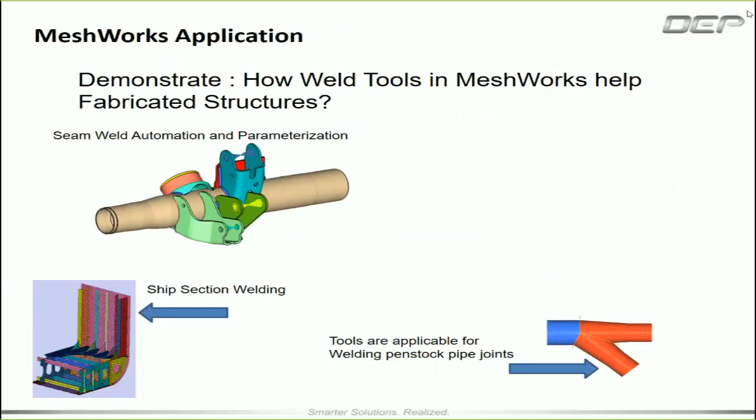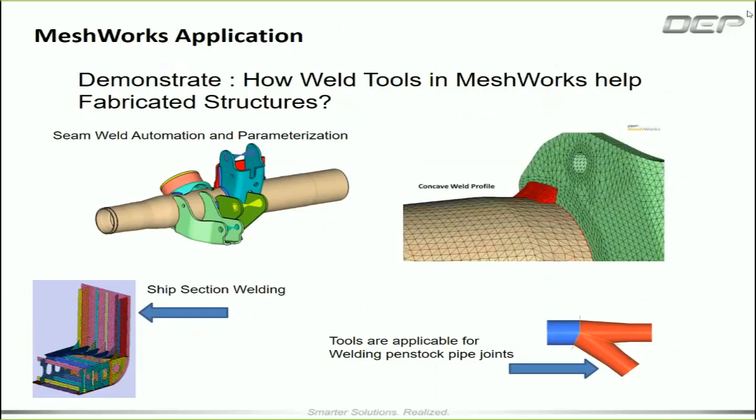All these areas can be solved by using the Meshworks weld process. If you see the animation, you have different varieties of welds: concave, convex, and straight, and also heat affected zones. And you can also control the shape of the weldment by parameterizing it.